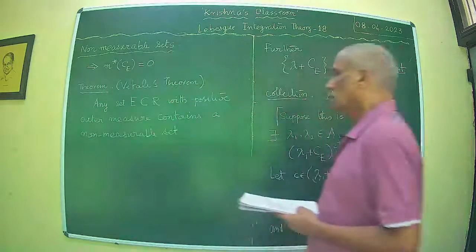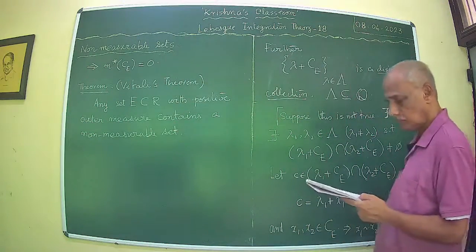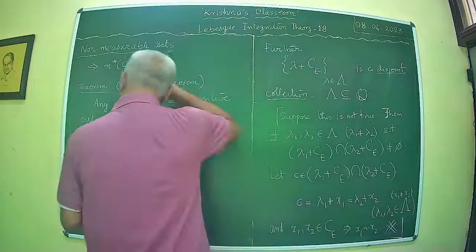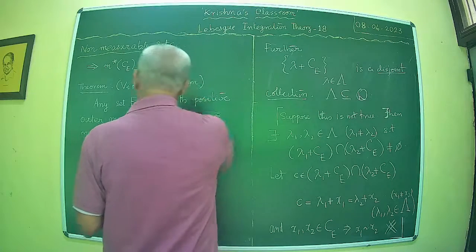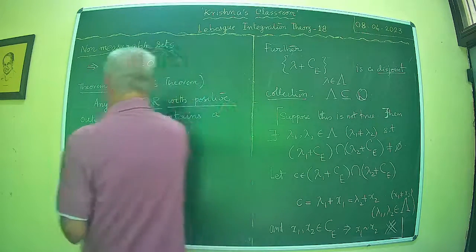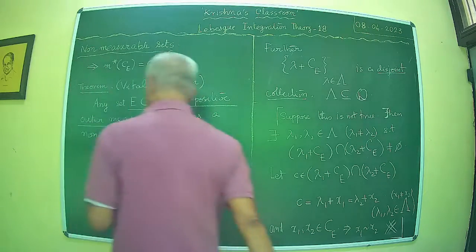So the condition that we ask for is this, that E is contained in R with a positive outer measure. Okay.